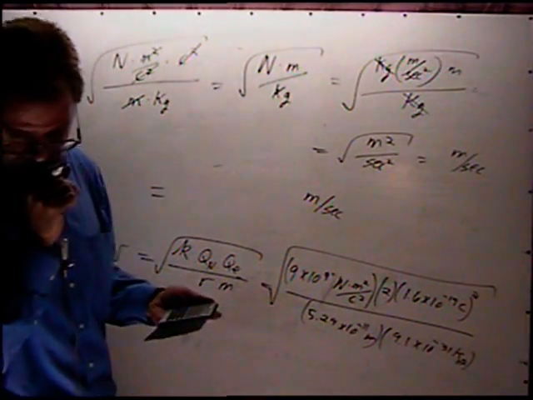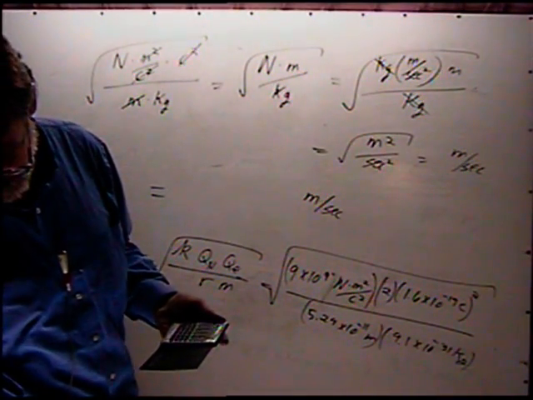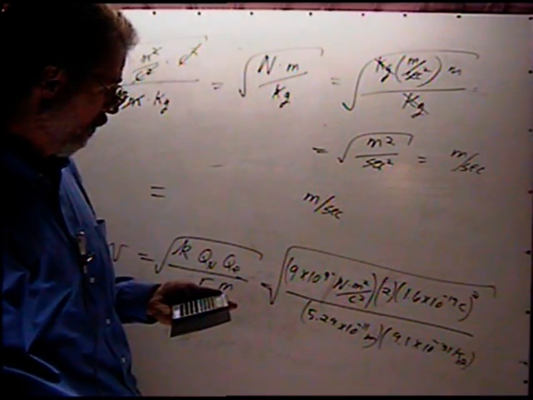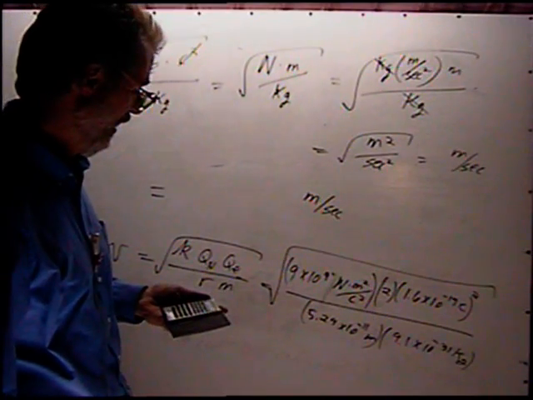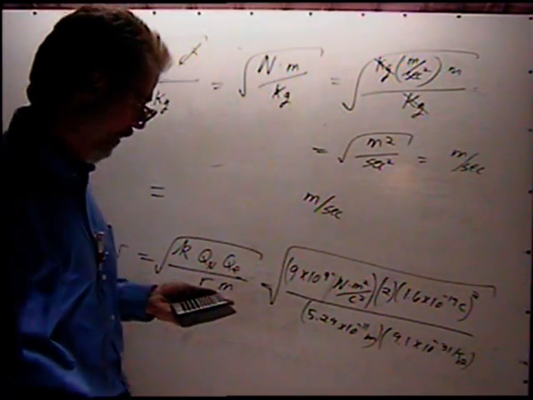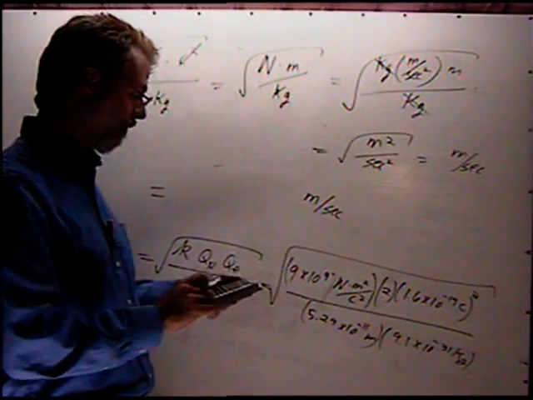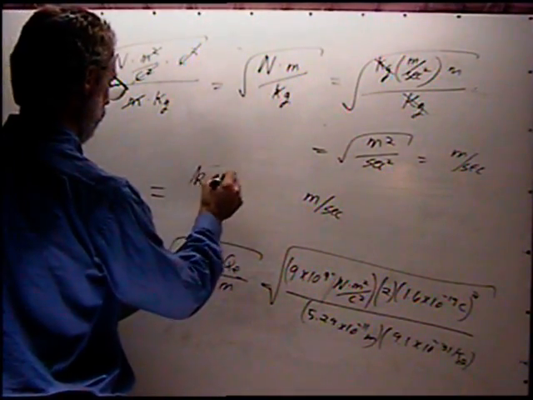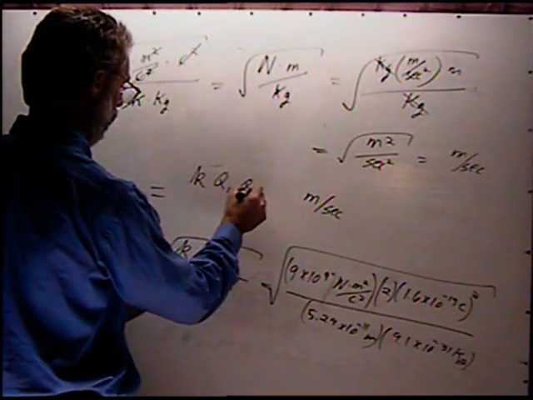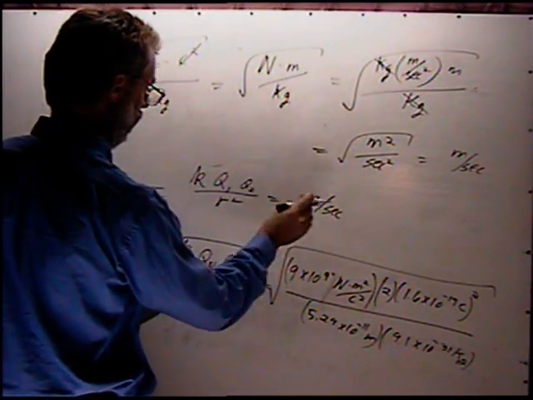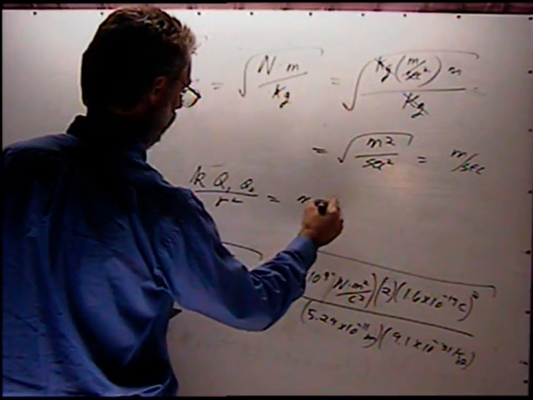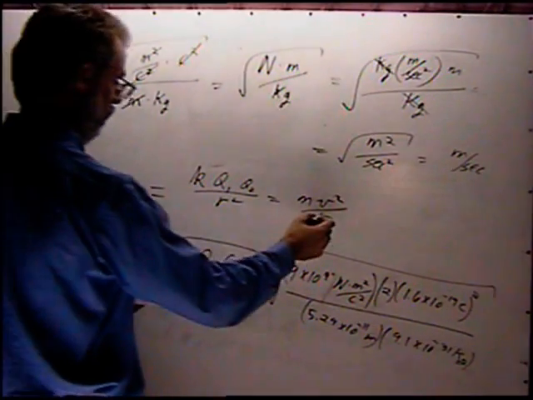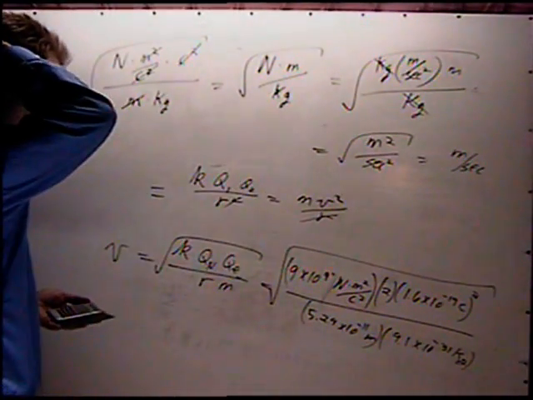I think I did something wrong, because I'm getting a number that doesn't look right. I think I must have pushed the wrong button. Let me try that one more time, and make sure I did this right.